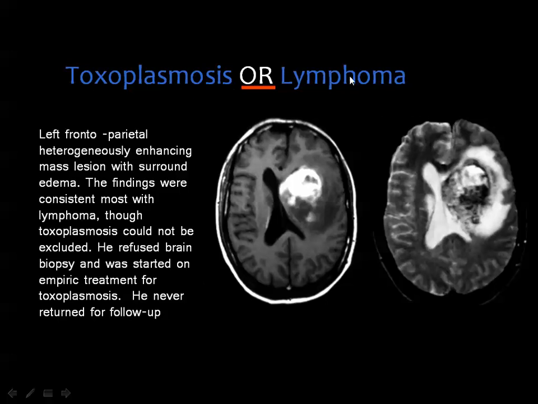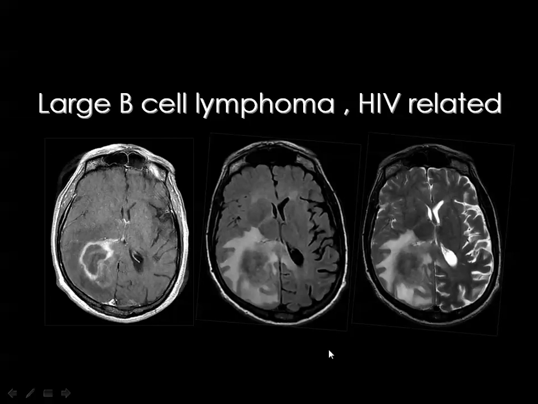Also, lymphoma may have a specific enhancement pattern and toxoplasma may have a different one, and the surrounding edema may be different and so on. But actually, they cannot reach the differential diagnosis between toxoplasma and lymphoma unless the lesion is biopsied. And this is the only confirmatory maneuver to differentiate between both, because the treatment actually is different.